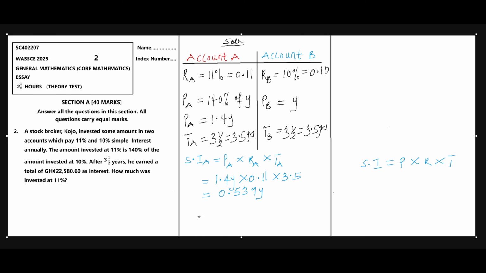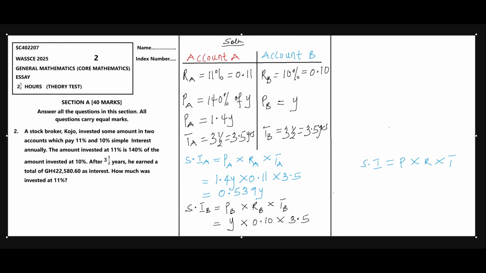Now the simple interest for account B. That will be the principal for account B times the rate for account B times the time for account B. The principal for account B is Y. Rate for account B, 10%, that is 0.10, and the time for account B is still 3.5 years, that is 3.5.